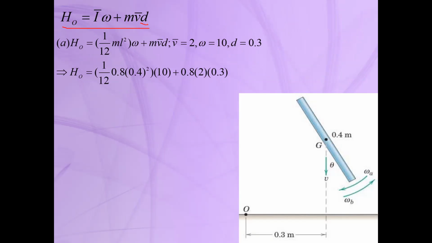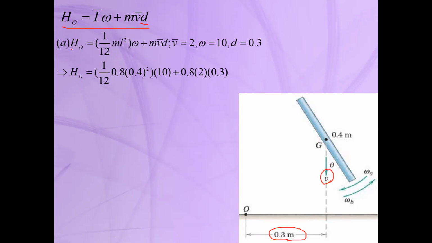D is the distance between the mass center, point G, as you can see, and point O, which is 0.3 meter. V is the velocity of the mass center, and m is the mass of this body.